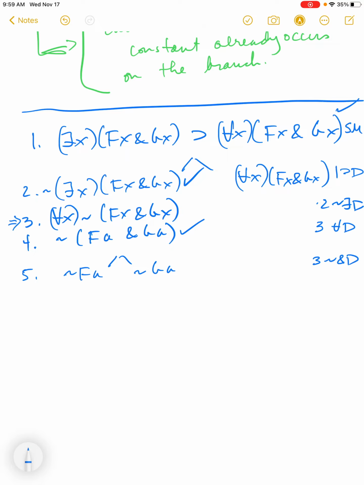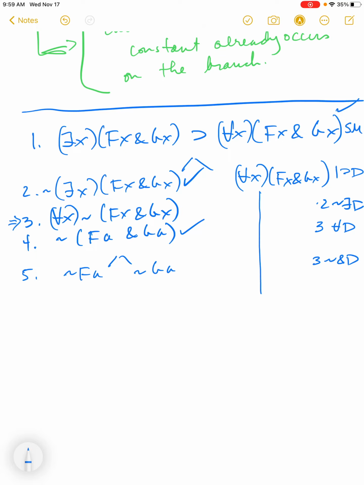But we have a very strong hunch, I hope an insight, that no matter what instance of line number 3 I were to write down on the left-hand side, I'm never going to get these branches to close. I'm never going to get an atomic and its negation on that branch. So we'll come back and talk about that in a minute. But I hope you feel fairly confident that we can leave the left-hand side of the branch with this intuition that it's not going to close.